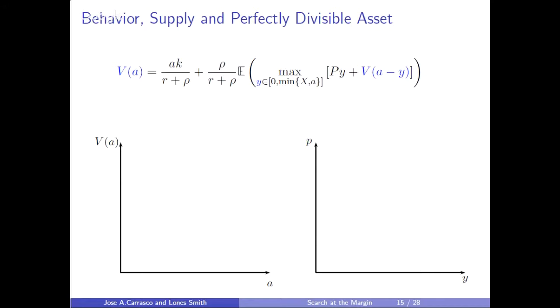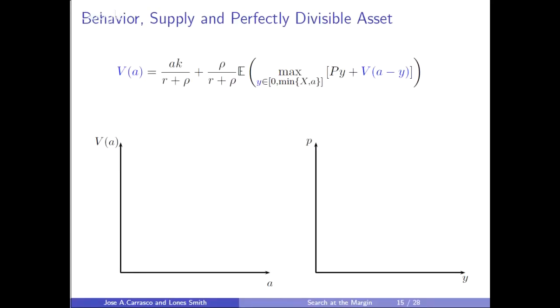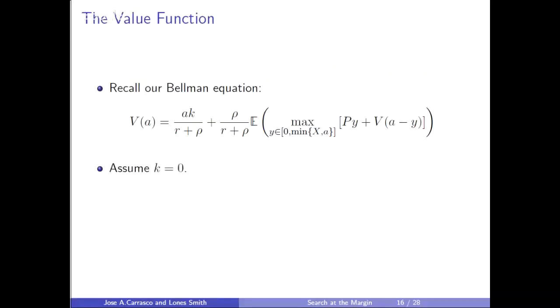And of course, you see that the Y depends on the V, right? Depending on the shape of V, I'm going to have a different Y. But at the same time, the V depends on the Y. So we have to do this simultaneously, okay? And everything starts by characterizing the value function, which is the V, okay? And I'm going to explain here how we do it.